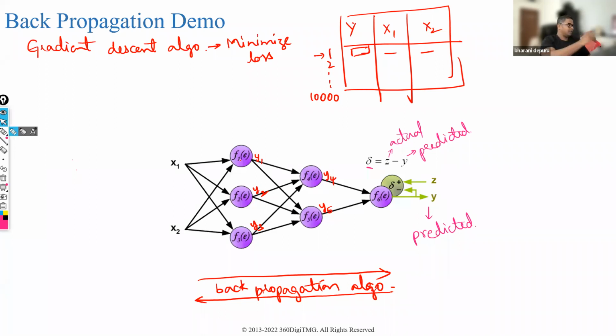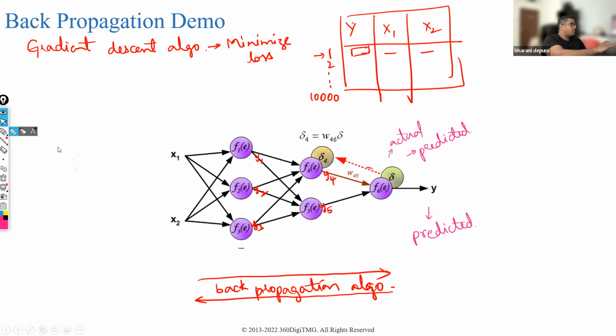Okay, next. Now we need to go back and update the weights, right? So how does the weight updation happen? Here it is like a manager concept. If you have a manager, and the board of directors says that because of you, there was a mistake which happened on the project.